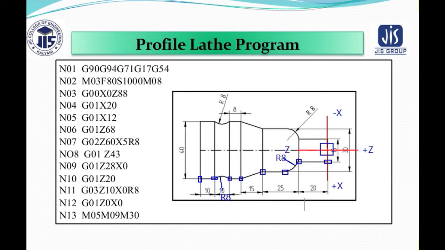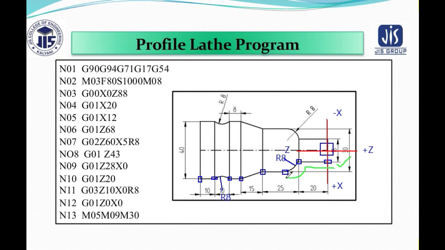Now we will be moving with the tool path. In which way is it going to move? So initially you are taking your tool, and you can see this is already located at this particular point. It is coming to here. It is coming to this particular point. Then the tool is moving in this particular direction, making an arc with radius 8.